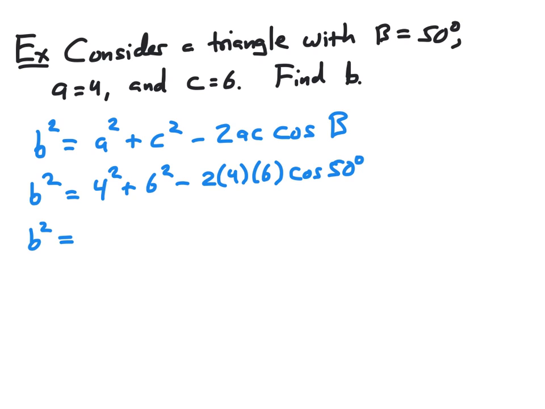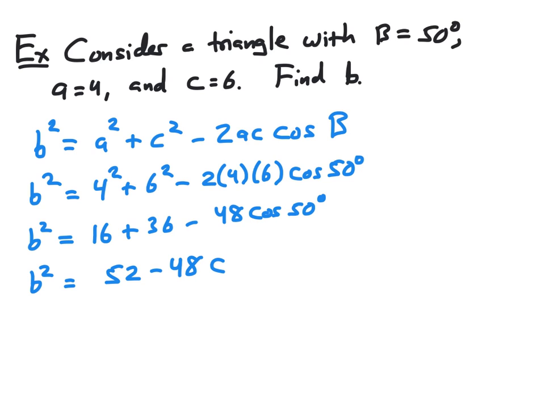And we can just go through and do the arithmetic here. We know this is going to be 16 plus 36 minus 48 cosine of 50 degrees. And of course, 16 plus 36 will be 52. So we have 52 minus 48 cosine 50 degrees.